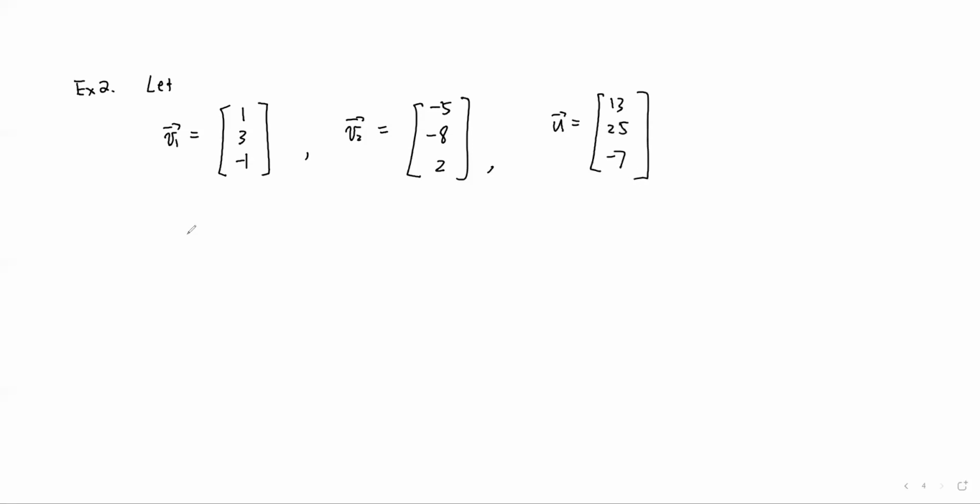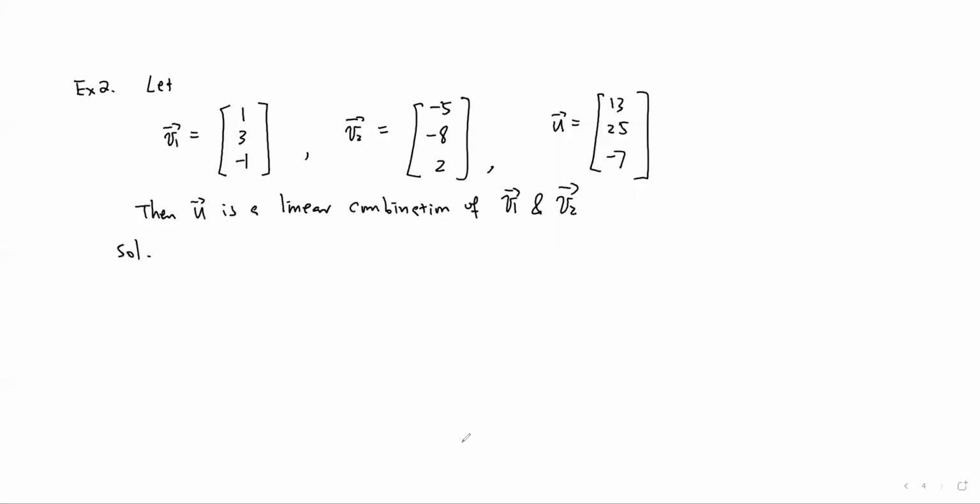Okay, now can you see that? Then u is a linear combination of v1 and v2. Can you see that?